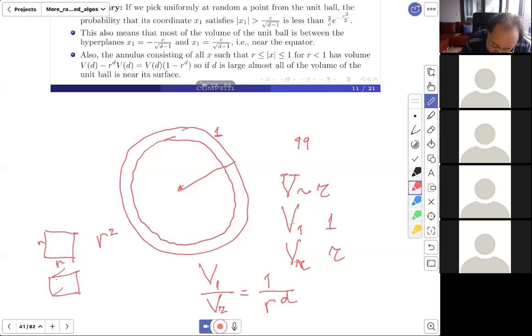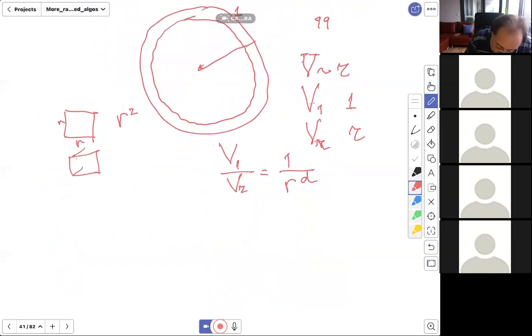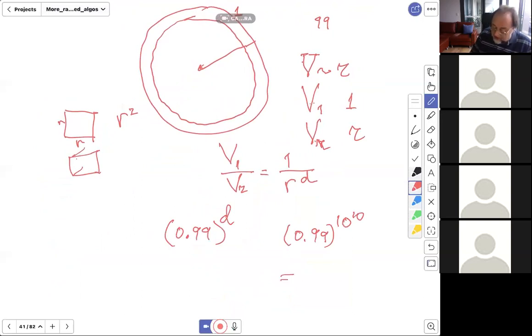Well, if I reduce the radius from 1 to 0.99 and I take it to a large power D, say I take 0.99 to the power 10 to the 10, how big is this going to be?